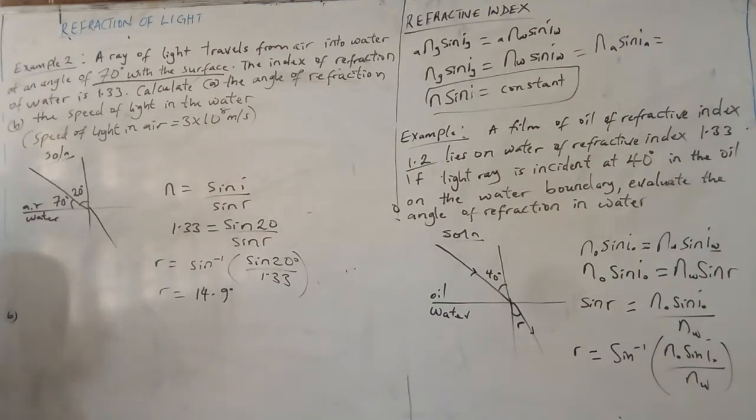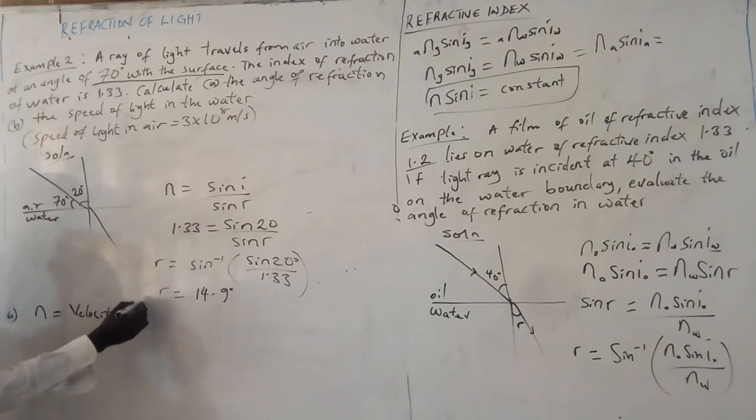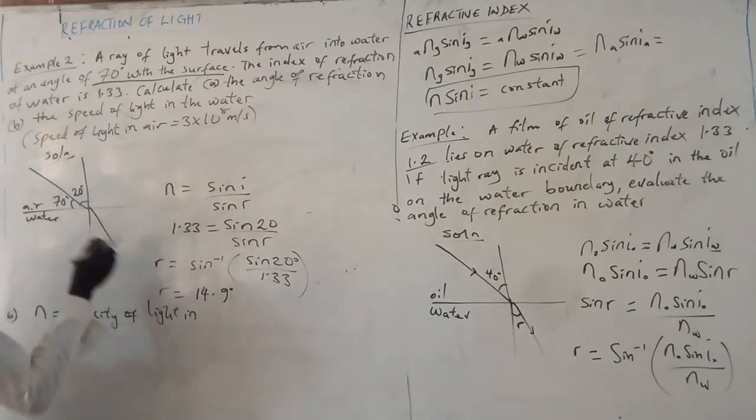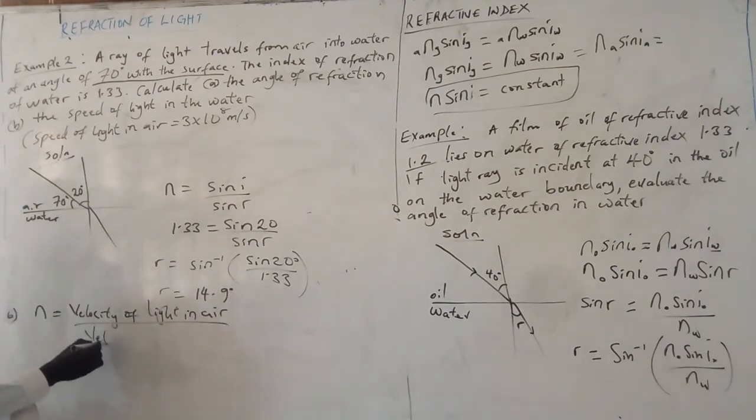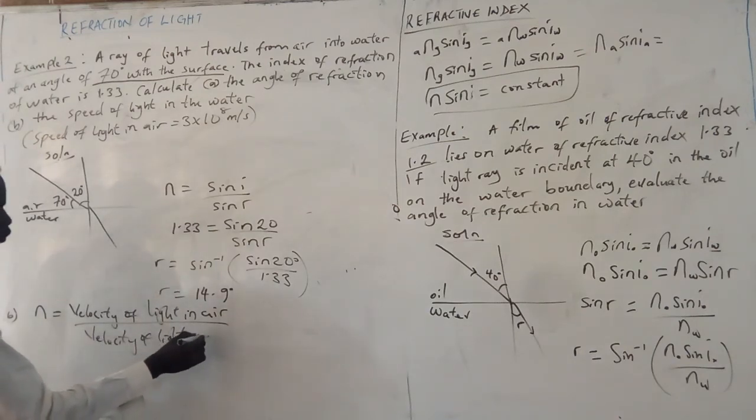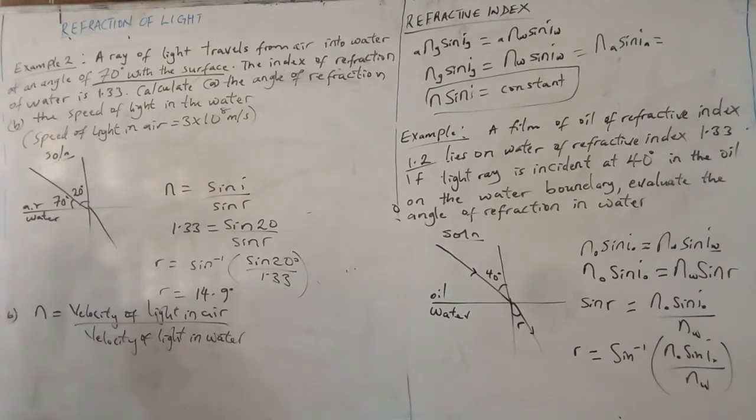Remember from the beginning of the lecture, we said refractive index is equal to velocity, or speed, of light in the first medium, which here is air, over velocity of light in water. So if we make this the formula, we can say instead of velocity we can use speed.